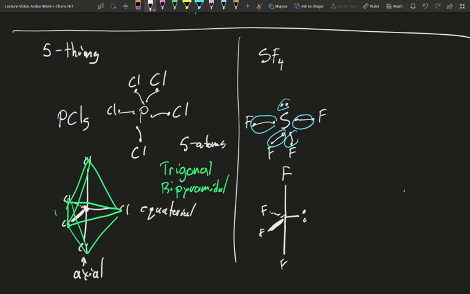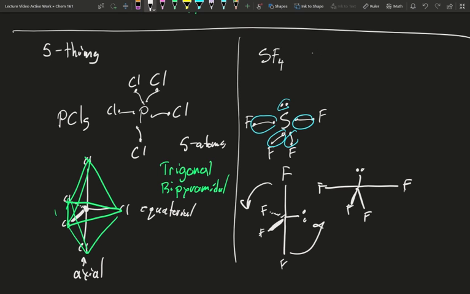Well, another way to kind of draw this would be, tip it on its side. And so this would be fluorine here, fluorine there, fluorine here, and a lone pair going up. Well, this kind of looks like a seesaw, and that's the name for it.